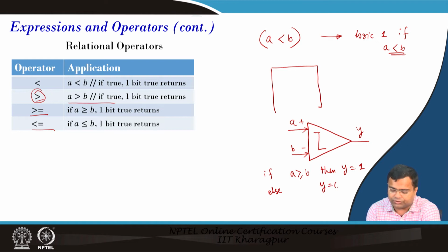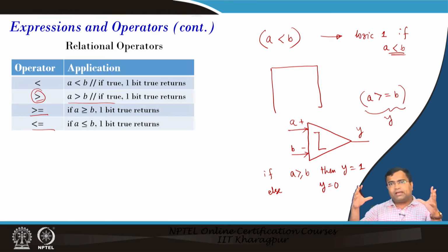Else y equal to 0. So this can be realized in Verilog by writing a greater than equal to b. You can write either c, or this itself will represent y. That means if a is greater than equal to b, the whole thing will have the value 1, and that we call y.